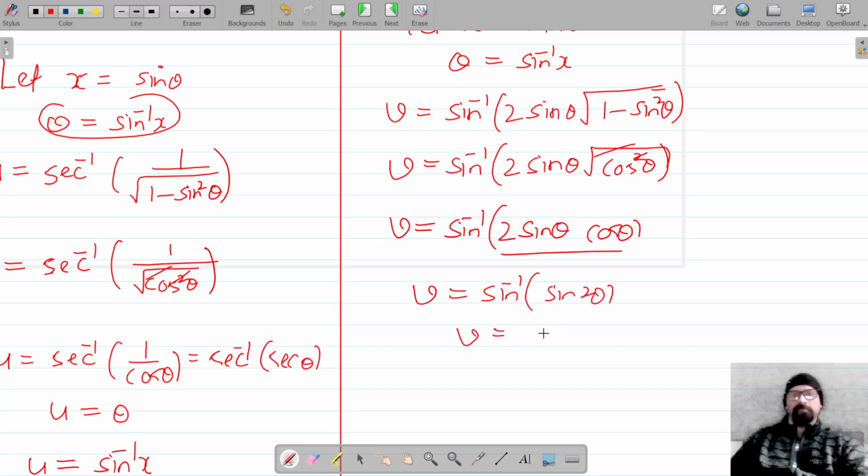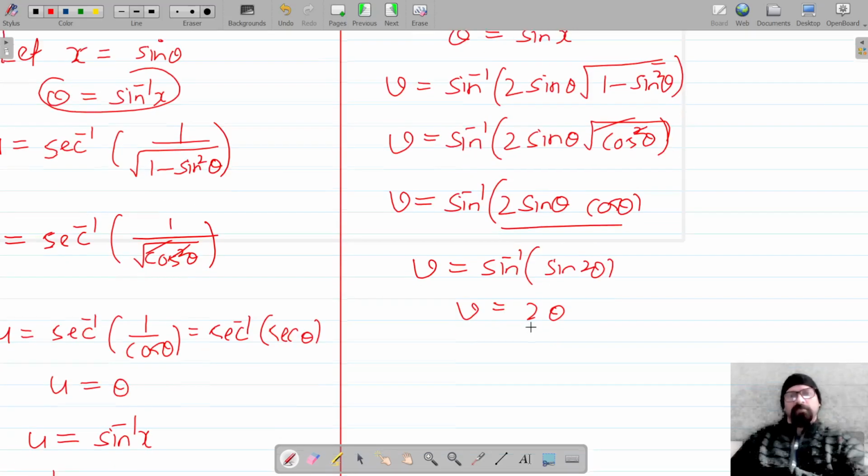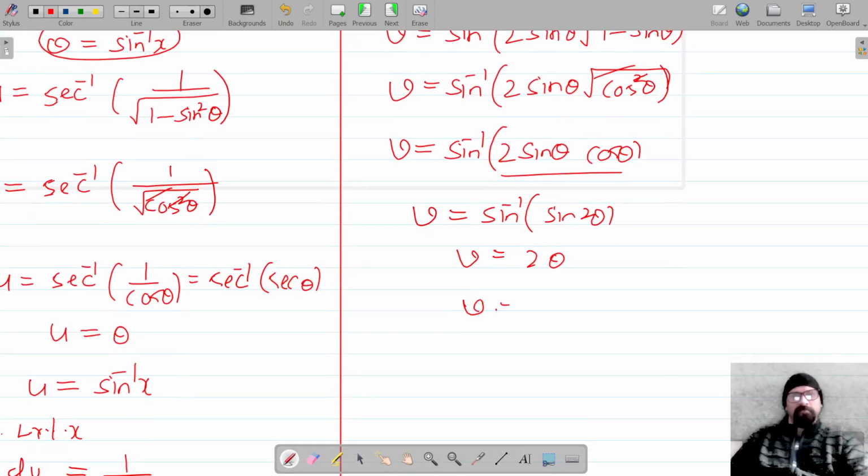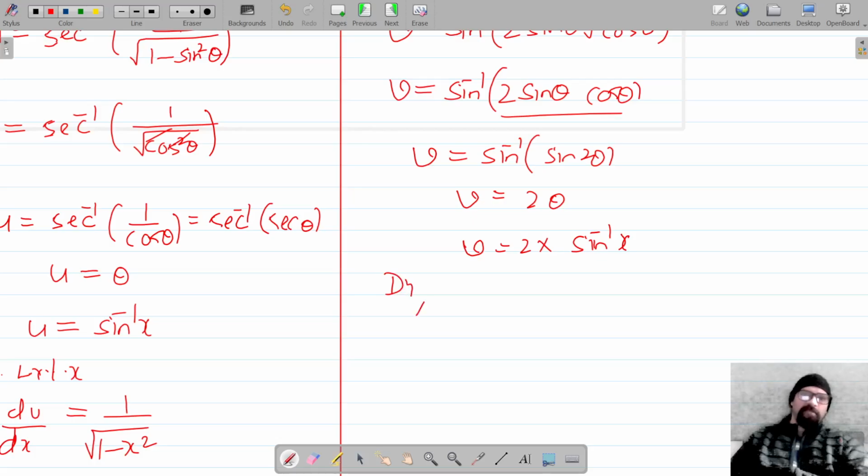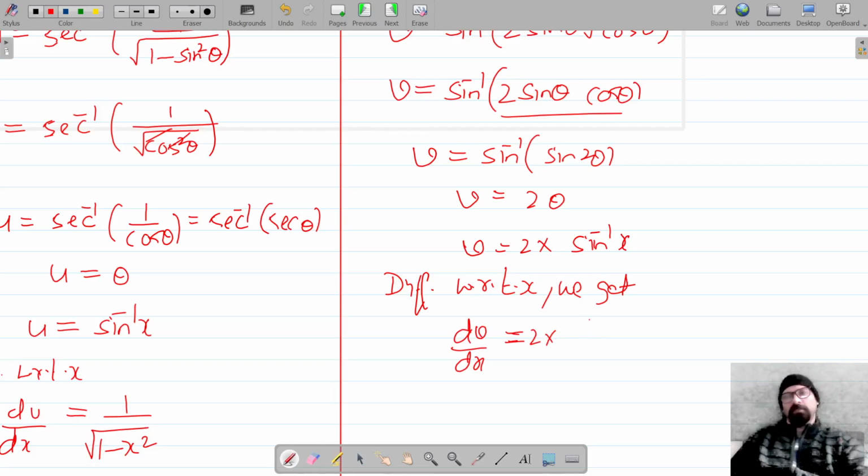So v is equal to 2 theta. So theta is sine inverse x. So this is 2 into sine inverse x. Now let's differentiate this with respect to x. So differentiating this with respect to x, we get dv by dx is equal to 2 into 1 upon under root 1 minus x squared.